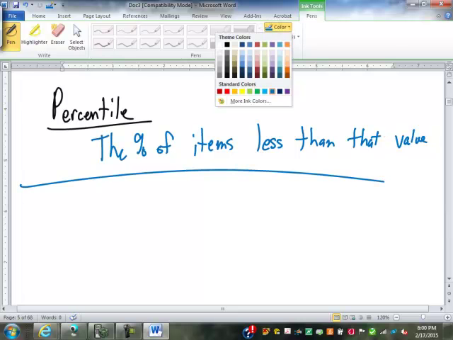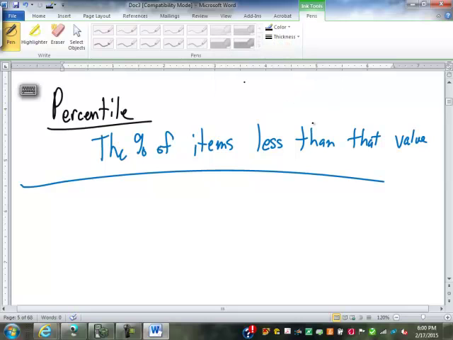Now, if we're going to do any calculations with percentiles, just like with the median, we have to have the numbers put in order from smallest to largest. So I'm going to give you a data set right now with the numbers in order from smallest to largest.